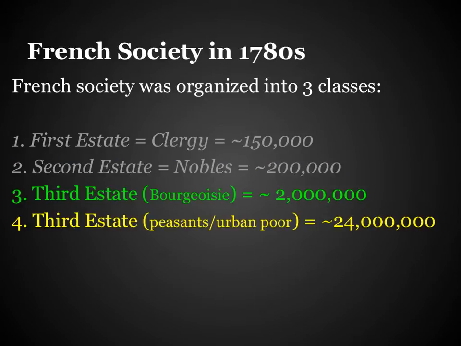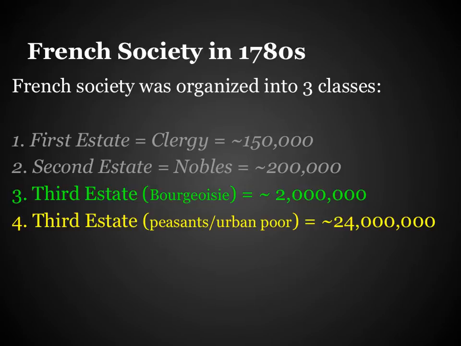The Third Estate was legally divided up into two designations, the bourgeoisie and the peasants and urban poor. The bourgeoisie was made up of about 2 million people. These were the wealthy urban dwellers who, during the Renaissance, had benefited from the power of trade. French law stipulated that only members of the bourgeoisie could engage in trade.